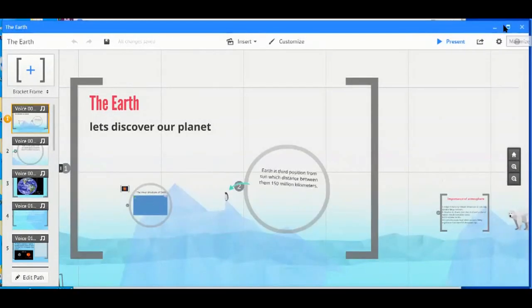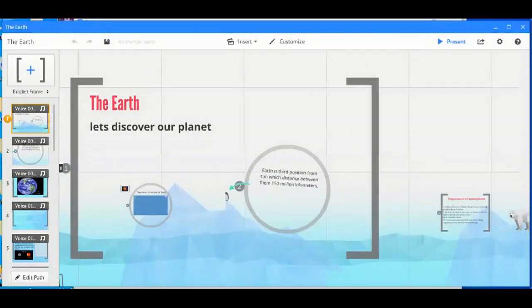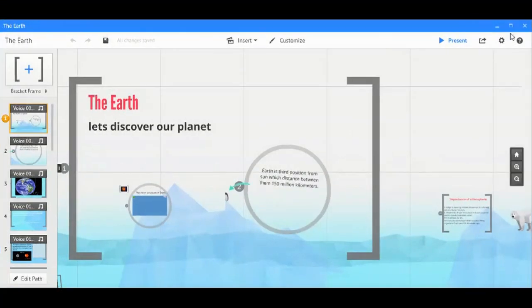Okay, starting with the Earth. If you can see the shared screen. Here we have the Earth, the only planet that we live on, because it has some characteristics not found in the other planets. We are going to explain the Earth's shape and describe its position, location, and mass, and so on. Then we are going to talk about the characteristics that support the continuity of life on Earth.